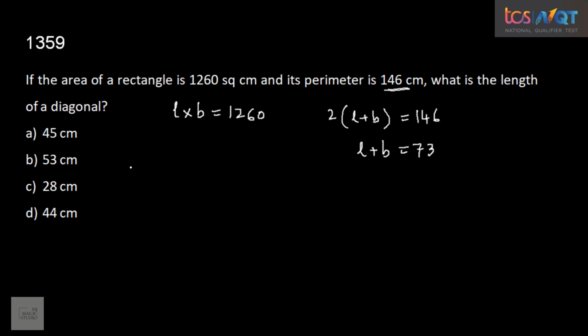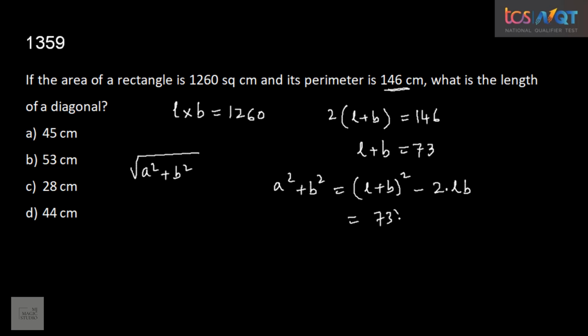Okay, so the length of the diagonal is given by root over a square plus b square. We can calculate a square plus b square, here a is L and b is b, as L square plus b square, which is (L plus b) whole square minus 2 into LB.